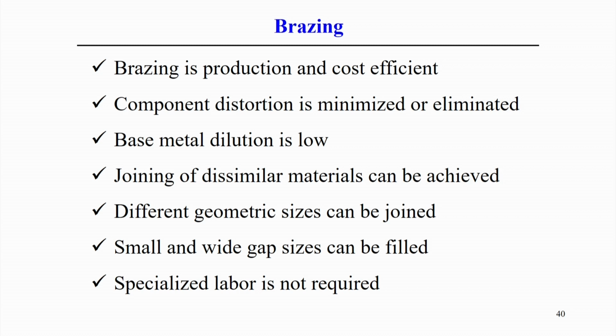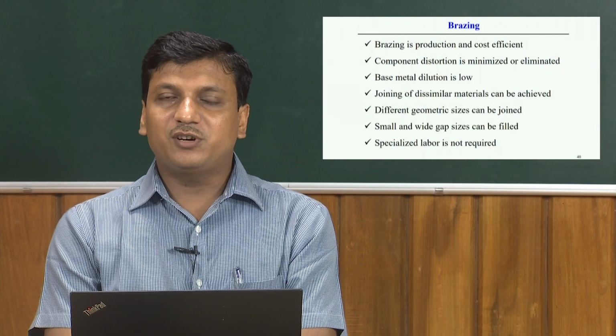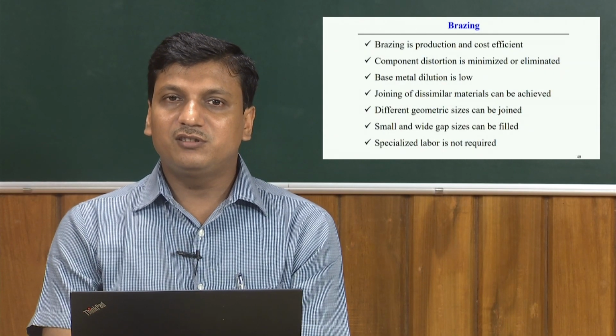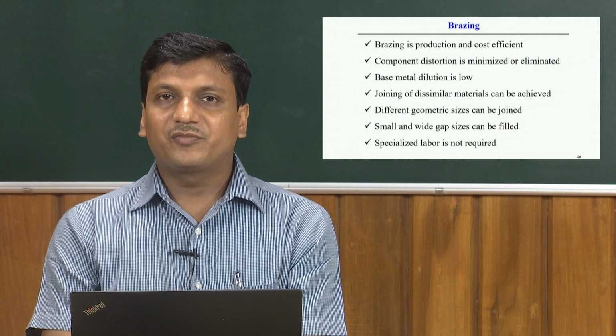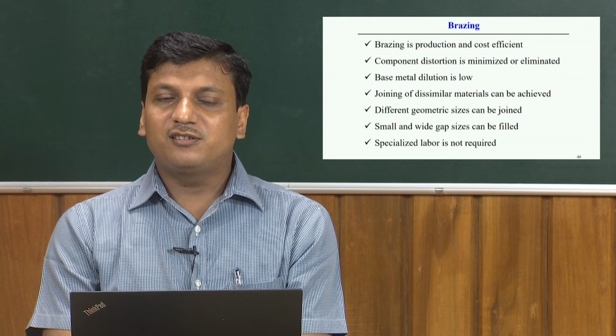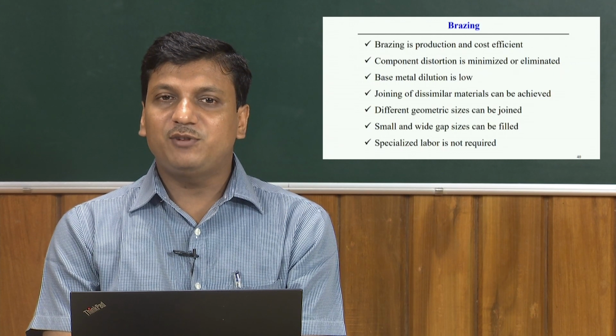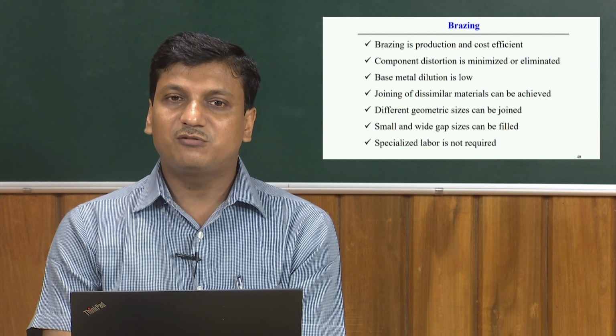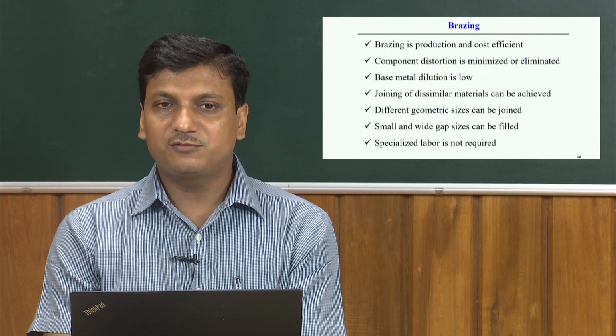Another significant point of brazing is that the base metal dilution is low, because the base metal is affected by the heat, but there is no phase change from liquid to solid. Definitely, several dissimilar combinations of materials can be achieved using the brazing process. That is one typical advantage of this process.